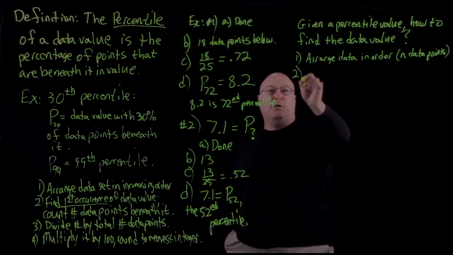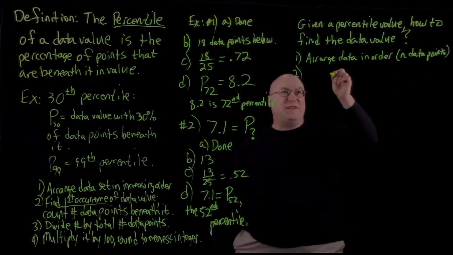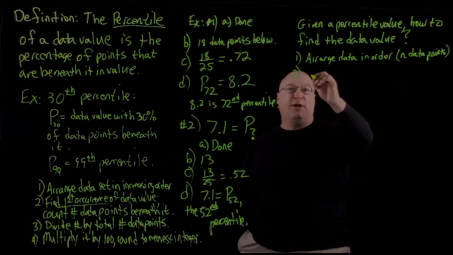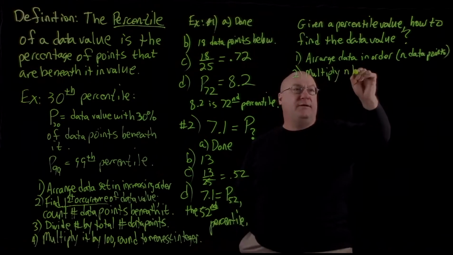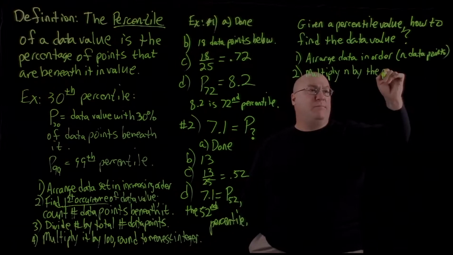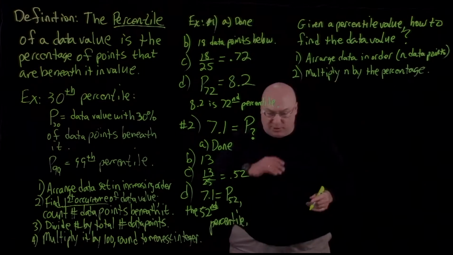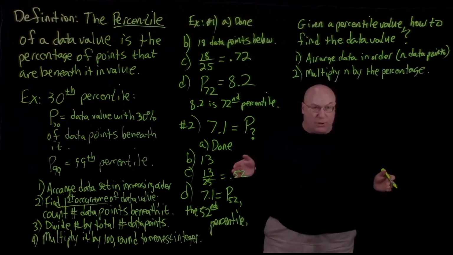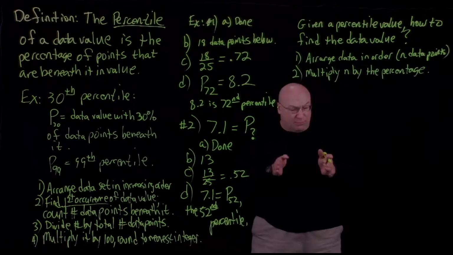Okay, step 2, take that number of data points n and multiply it by the percentage that corresponds to the percentile. So multiply n by the percentage. In our case, it's 25 data points. We're going to do some examples in a minute, but say I want a certain percentile.